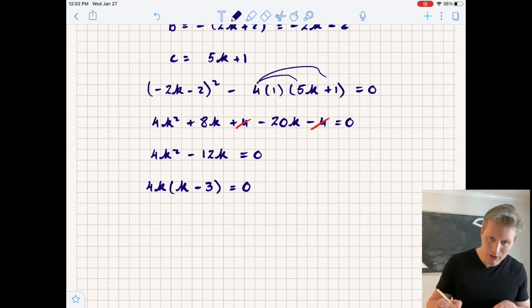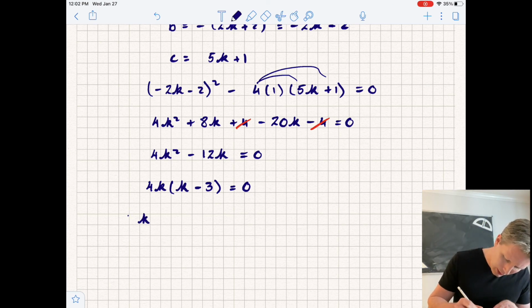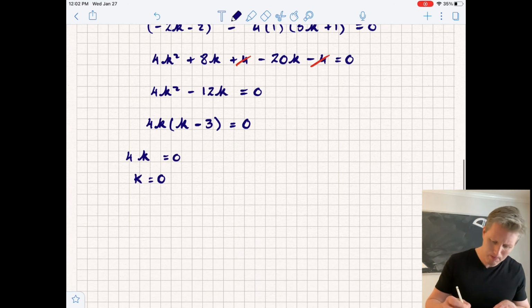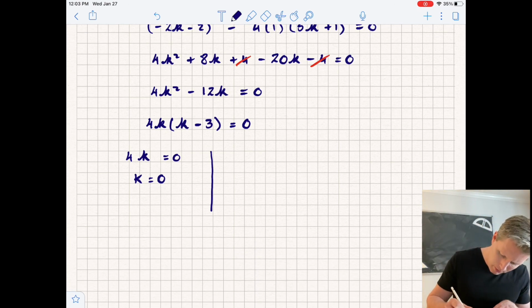So the solutions then are that 4k is equal to 0, and therefore k is equal to 0. That's one solution. The other solution is that k minus 3 is equal to 0, and therefore k is equal to 3.